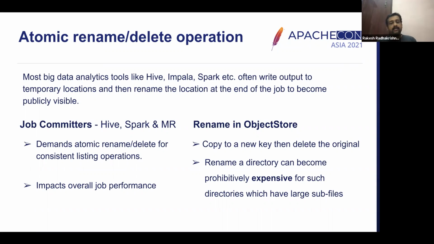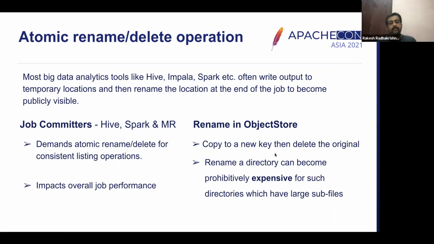The task output will be written to task attempt directories, which is a temporary location. Once the task is committed, it will be moved to job commit directories. Once the job is committed, all the task committed directories get renamed to the final output destination directories. That's how the analytical tools handle the distributed workload.